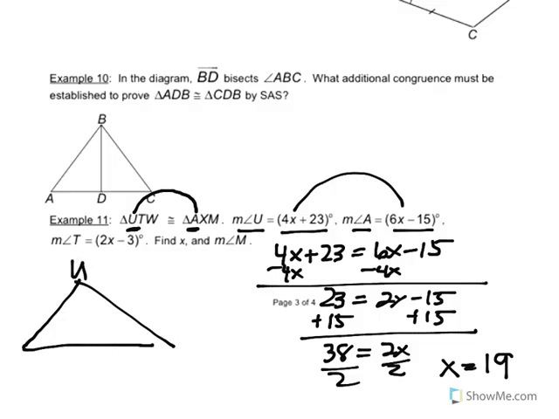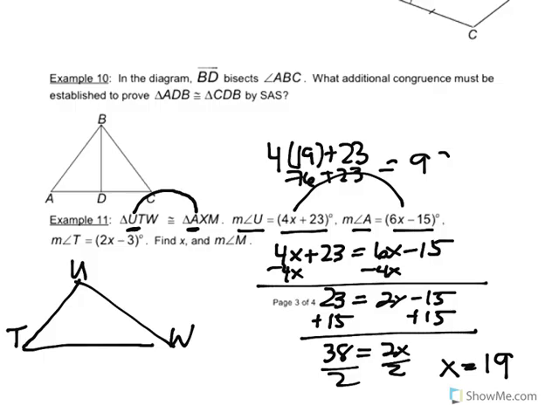If I have U and T and W, and we take our 19 and plug into U, U is going to be 4 times 19 plus 23, and that's going to be 76 plus 23 equals 99. So angle U is 99. And then angle A is going to be 99 as well.